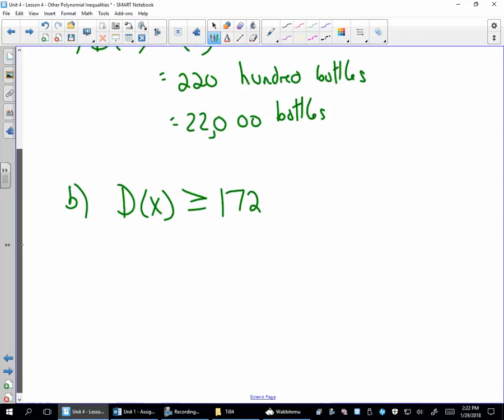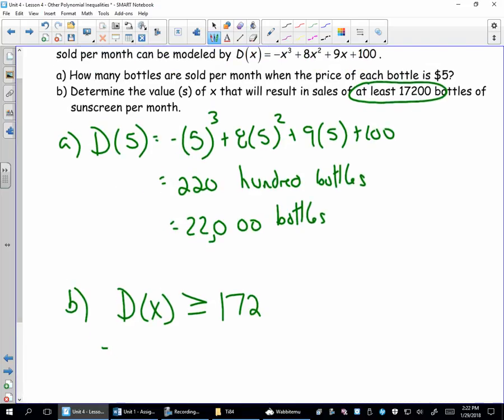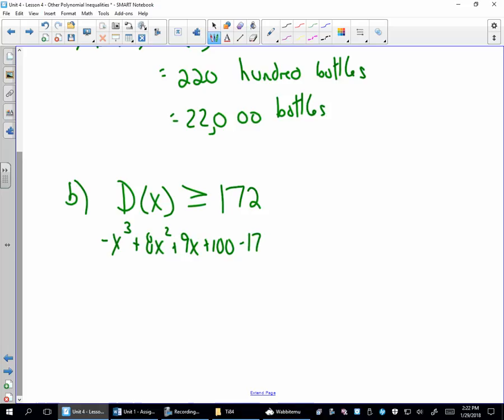My function itself is negative x cubed plus 8x squared plus 9x plus 100. I want it equal to 0, so I can bring the 172 over. And now I've got myself an equation.